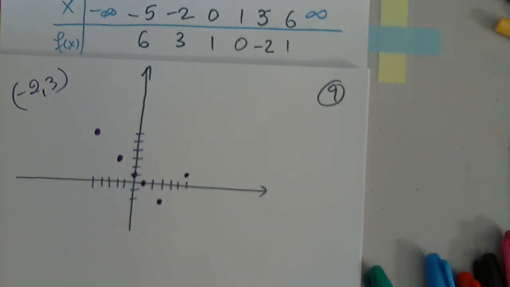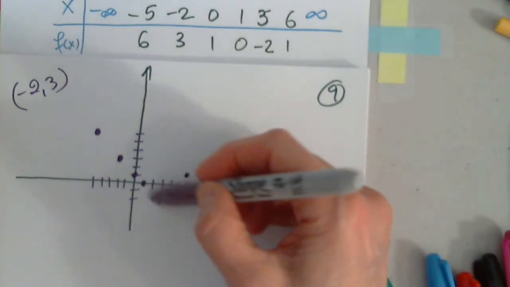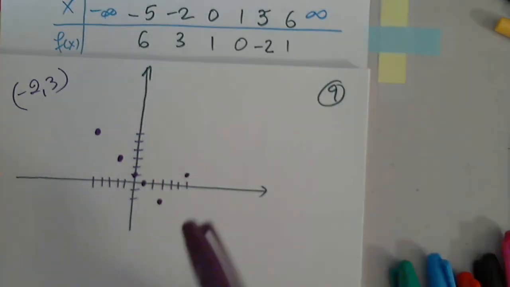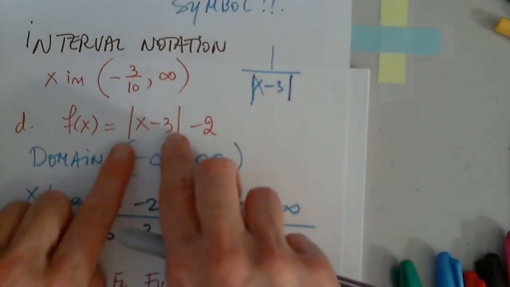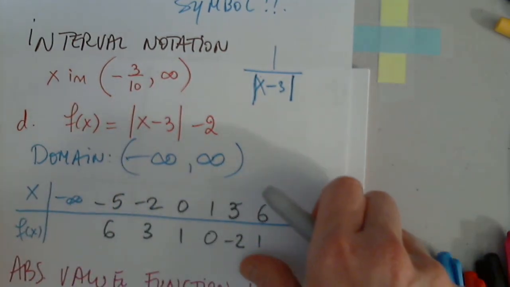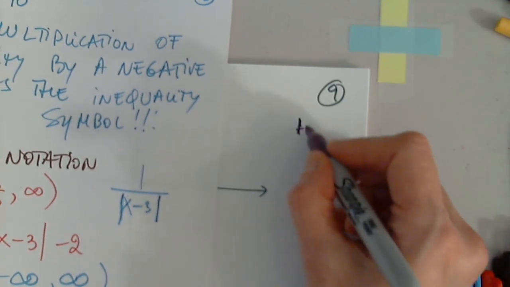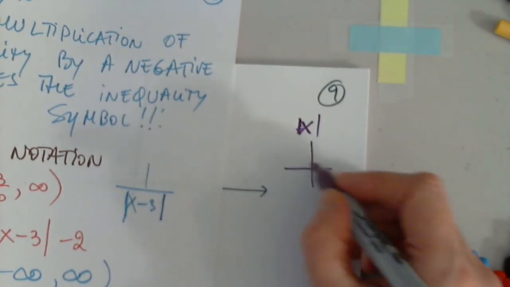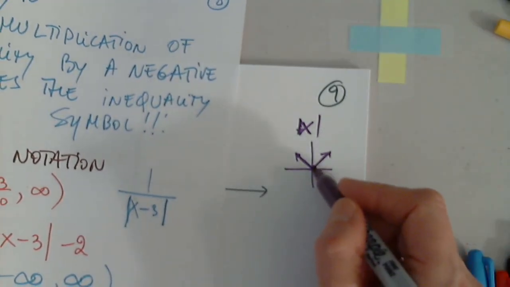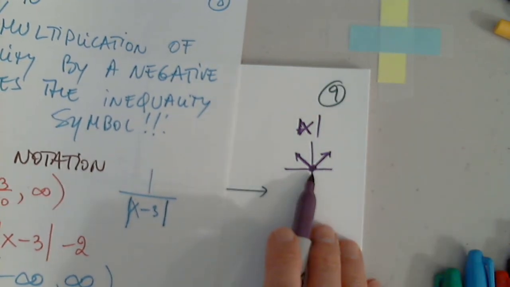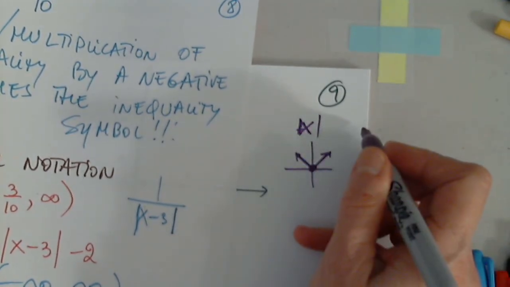Now, I have to be careful and make sure that this is the last point and it doesn't go any further. So I do know from transformations, the V function, absolute value of x, looks like this. It has this corner at 0. It bisects the second quadrant and the first quadrant.